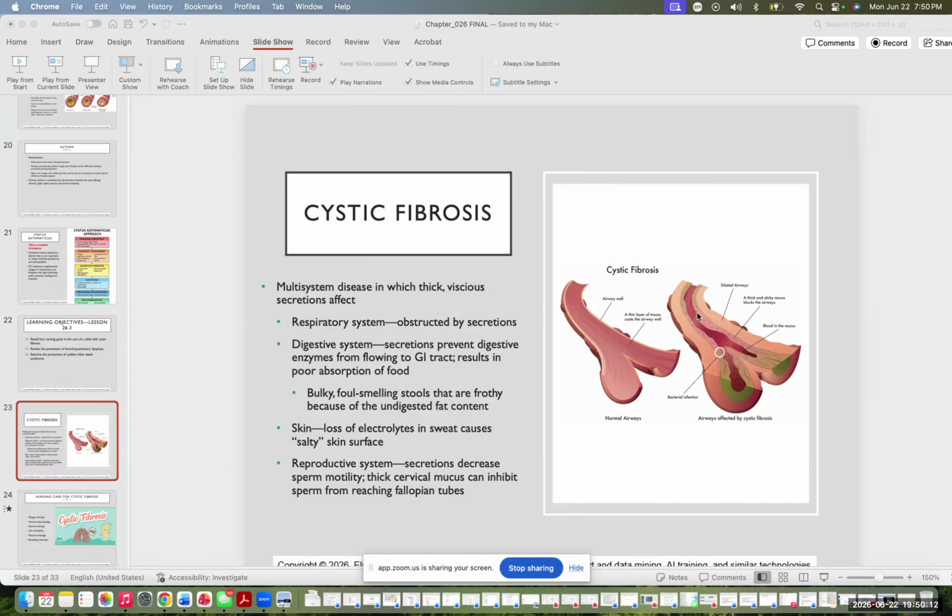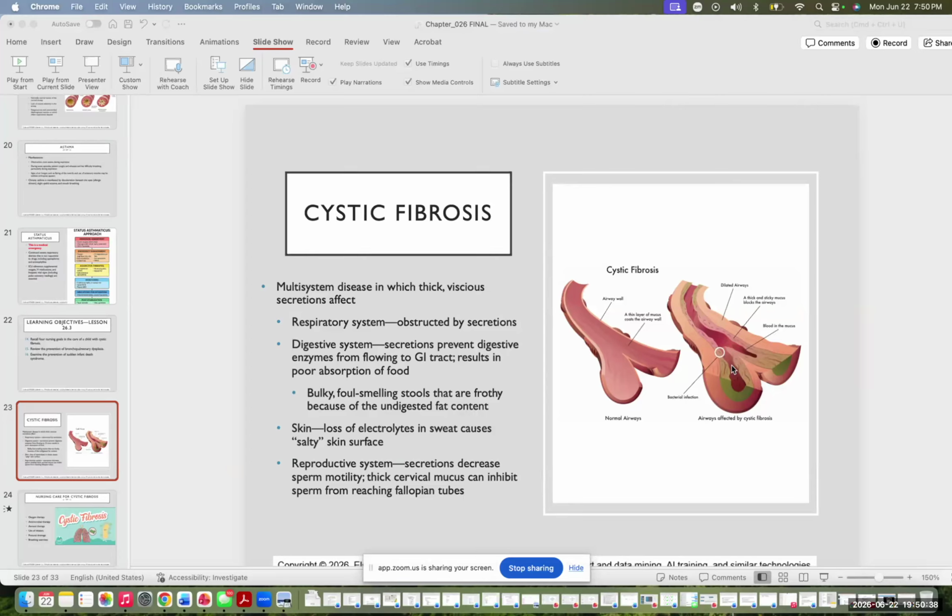Right here. So this lumen, not only are the airway walls thickened, but then you have mucousy blood in these dilated airways. Okay, so cystic fibrosis is a multi-system disease. It affects not only the respiratory system, it also affects the digestive system.